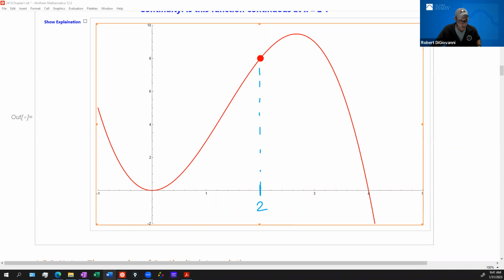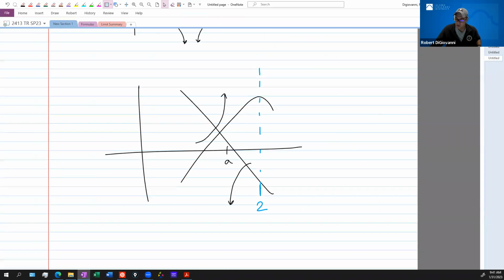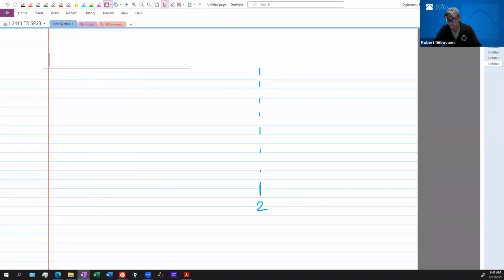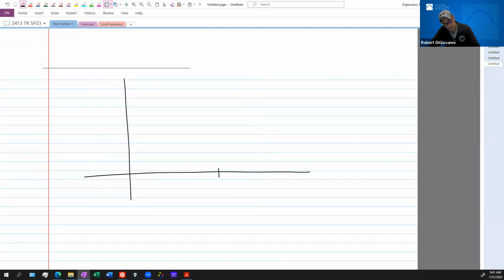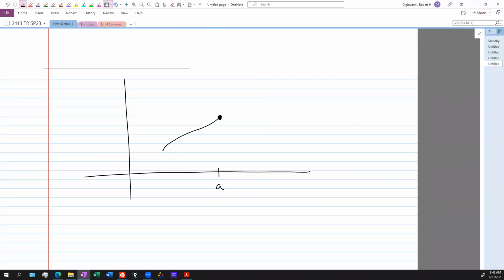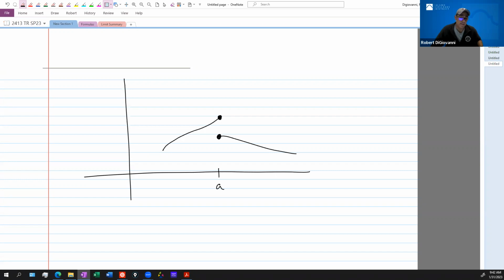Could you have this though? Wait a minute, I'm going to see if I can trick you. Could you have this? Here's A. Is that left continuous at A? Yes. Okay, now, is it right continuous at A?